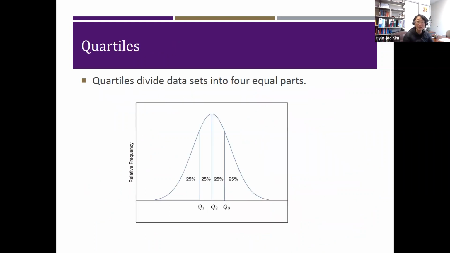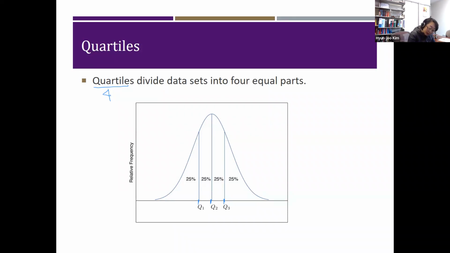Then what would be the quartile? When you think about quart, you think about 4, right? Just like a percentile was 100, a quartile is 4. So you're dividing your data set into 4 equal areas. Out of 100%, if you divide it into 4 equal areas, you're going to have 25, 25, 25, 25%. The dividing points are called the first quartile, second quartile, and third quartile: Q1, Q2, Q3.